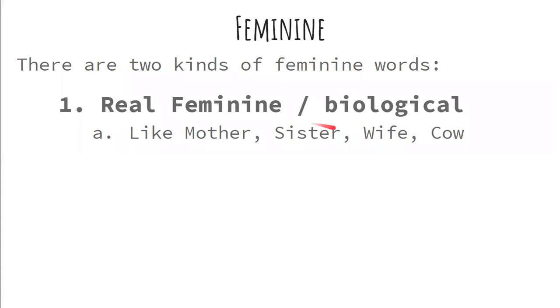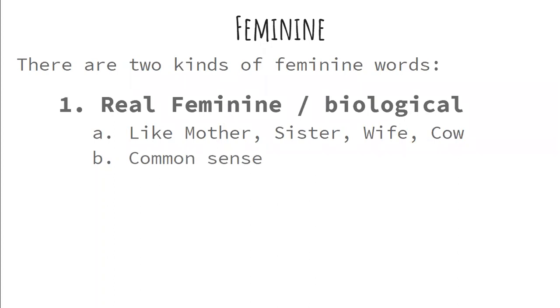I'm not meaning that a wife or sister is a cow or something like that. But mother, sister, wife, cows, those are actually female, right? Do you have to prove that that word is feminine? No, right? It's just common sense.